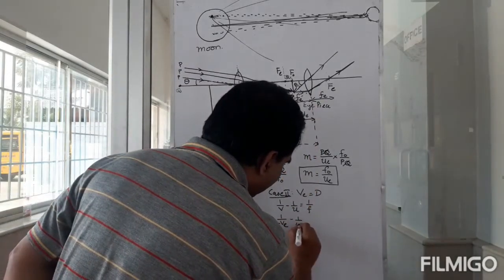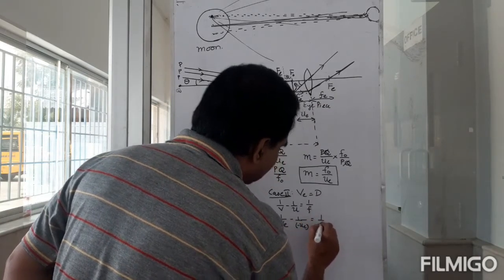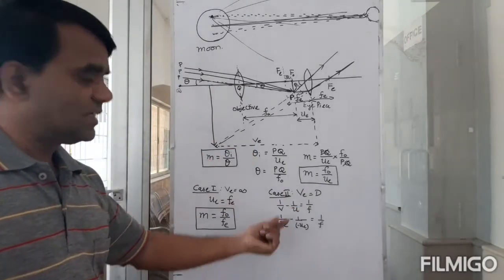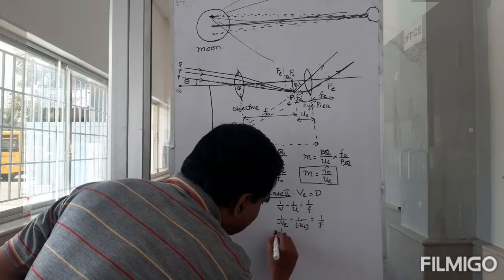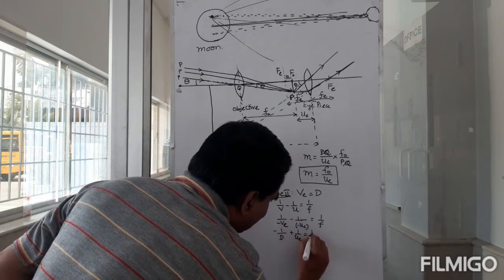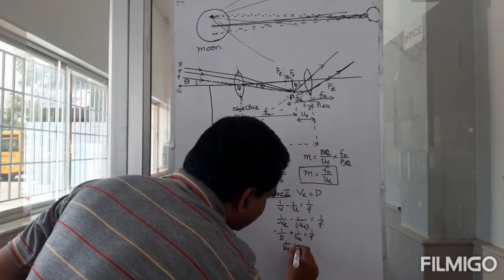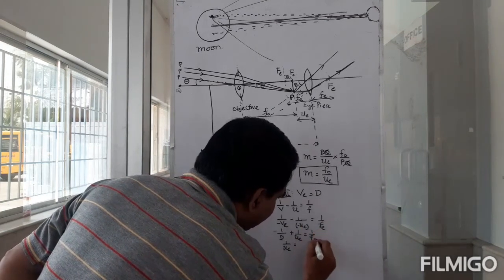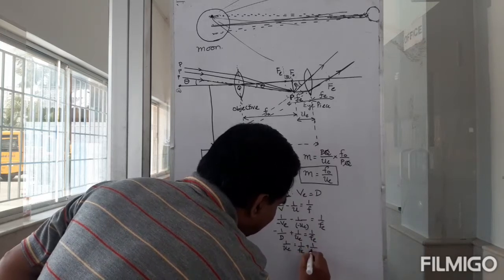My UE actually is a negative number, and that must be equal to 1 by F. But in this case, V is D, so I'll get 1 by minus 1 by D, and this will be plus 1 by UE is equal to 1 by F. So 1 by UE is equal to 1 by FE plus 1 by D.